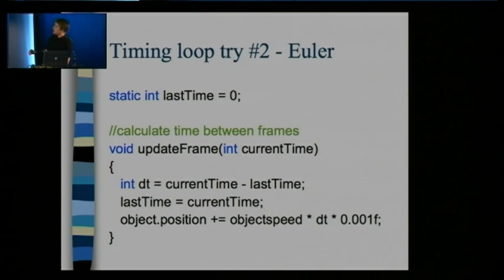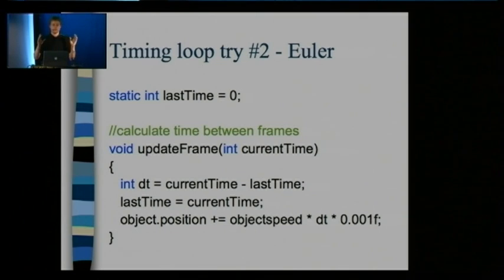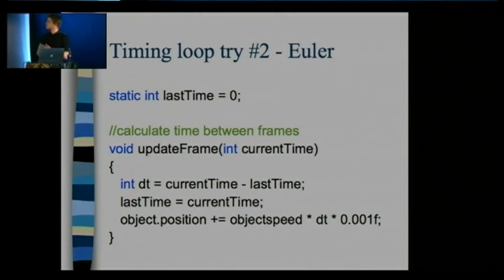And then each update, you would move it by an amount that is correlated with the update time. So if your frame takes a long time, then the object will move a lot, and if it takes just a short amount of time, then the delta will be small.